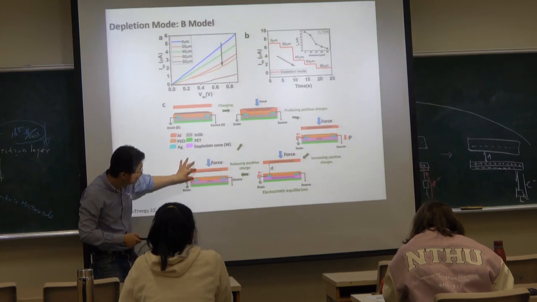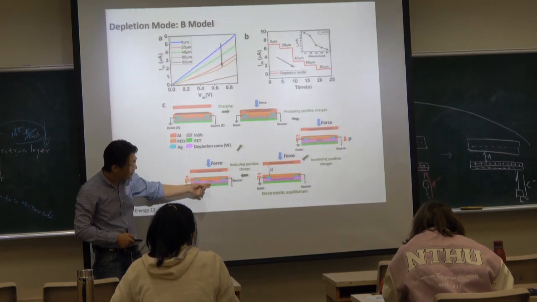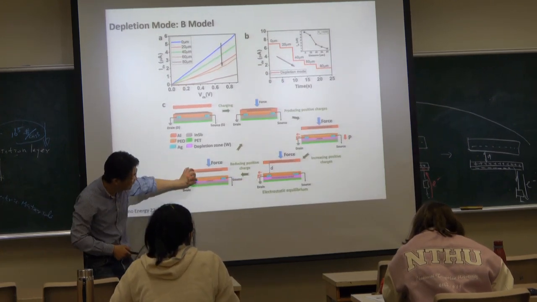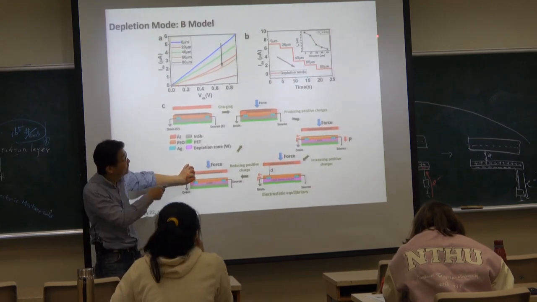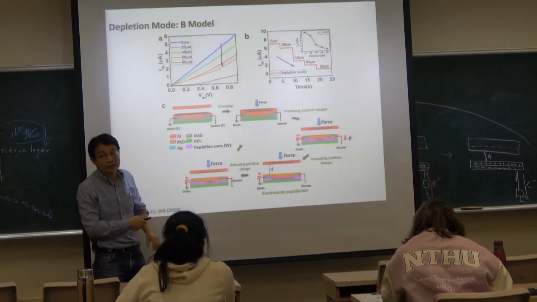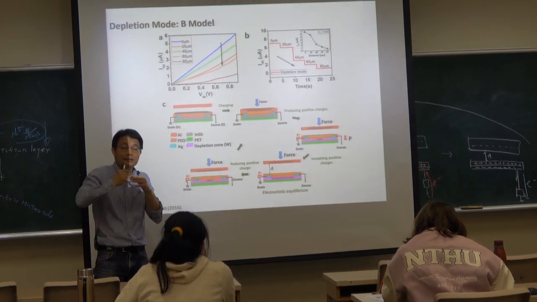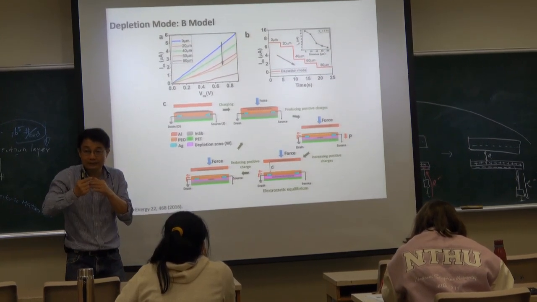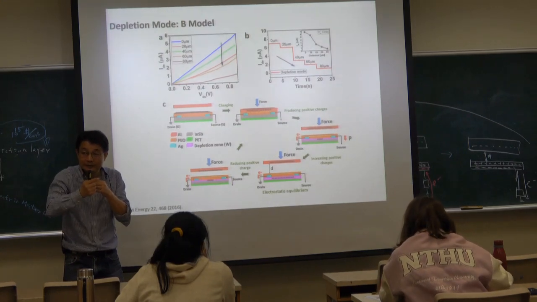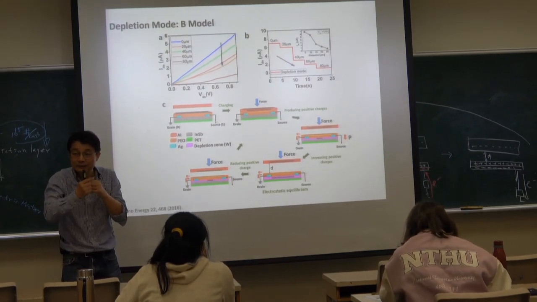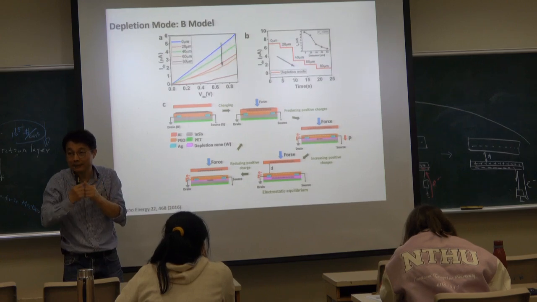Once you close again, this depletion zone becomes thinner, and then IDS will be increased. Okay? So this is another mode where we use the alumina to replace the PTFE. PTFE is negative, alumina is positive.